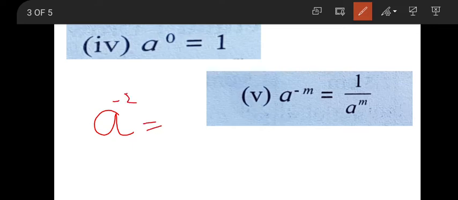See, here I want to make this minus 2 as plus 2. What should I do? I'll write this a in the denominator so that this minus 2 will become plus 2. That means 2. So 1 can be written in the numerator. It means a raised to minus 2 will be equal to 1 upon a raised to 2.